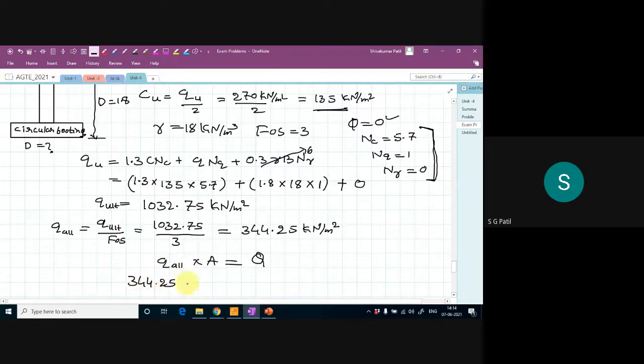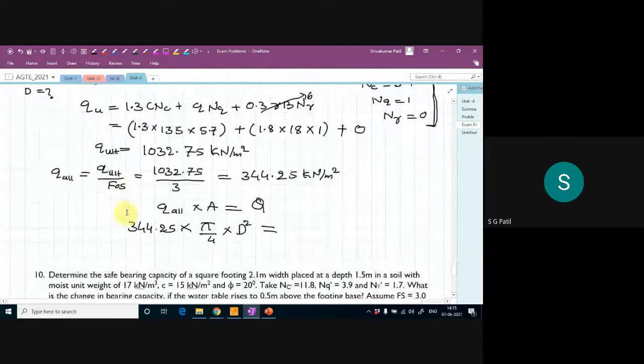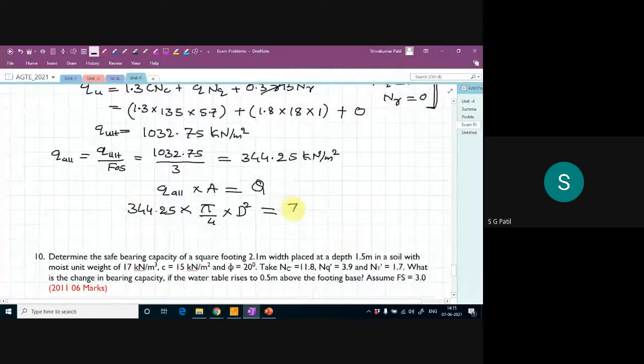That is my Q allowable into area of circular footing, pi by 4 into d square, is equal to Q. Anyway, they given how much load, there are 700 kilonewton they are telling. Okay, so that 700 kilonewton.